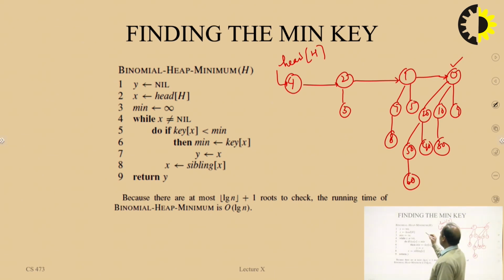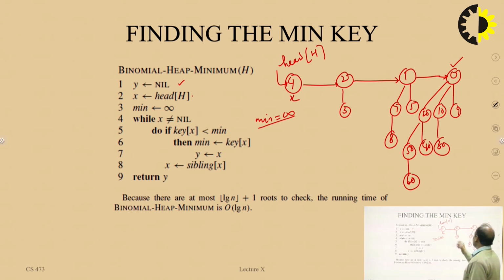What you should do: Y is nil, X is head of H. We start from here and assume that the minimum is infinity, where infinity is not any key already present in the heap.